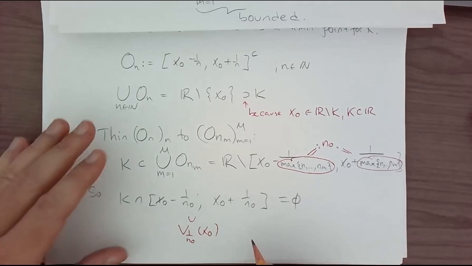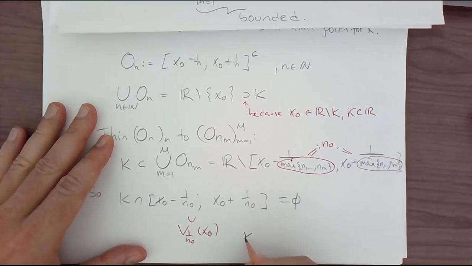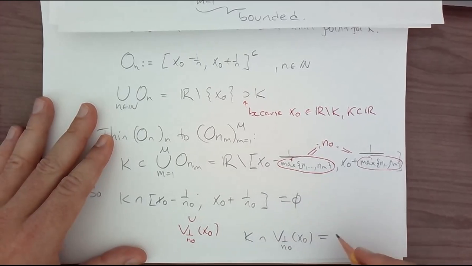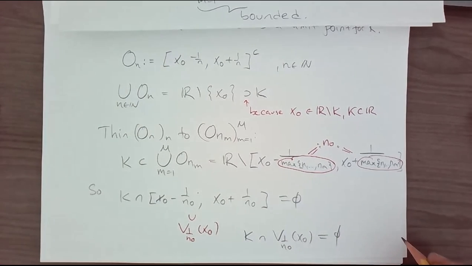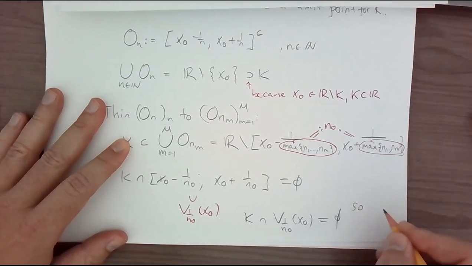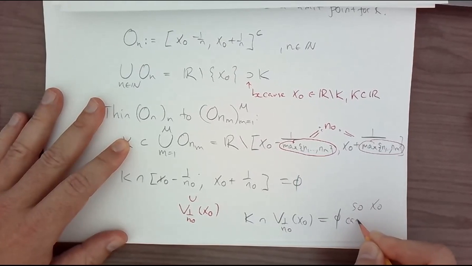So of course, when I'm going to take the intersection with the smaller set, I'm going to get that K intersection with this guy is going to be empty. But then there's no way, so x0 cannot be a limit point.